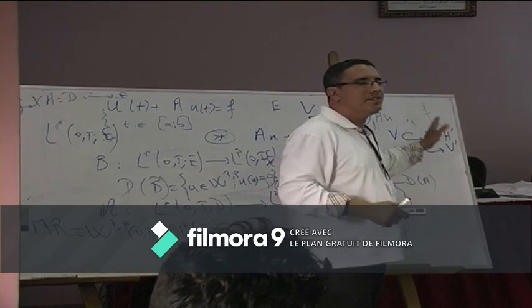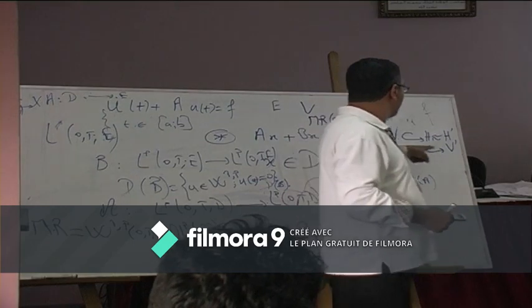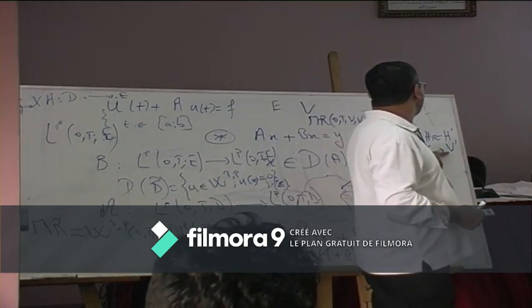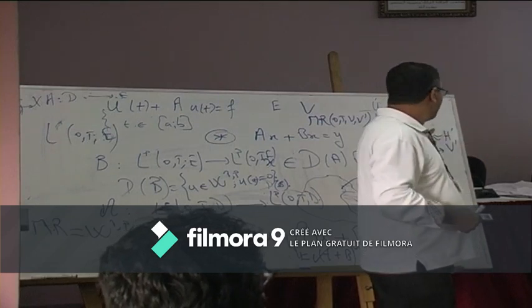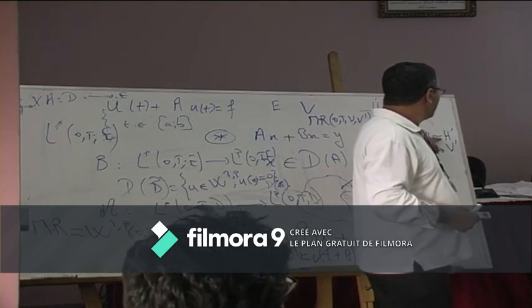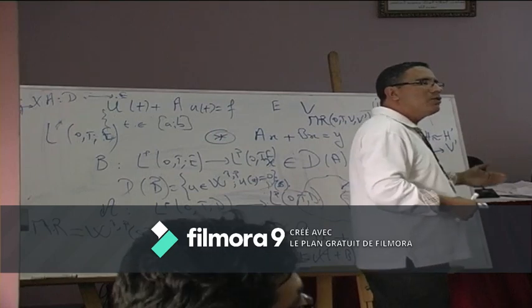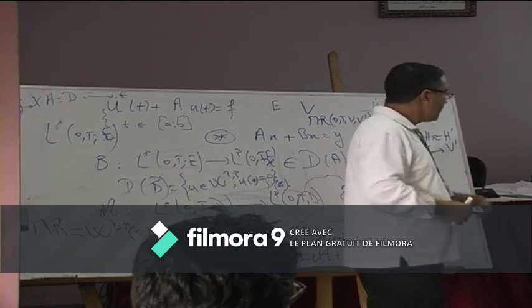The answer is negative. That means that V prime can't be embedded in H prime because the identification leads to a contradiction.